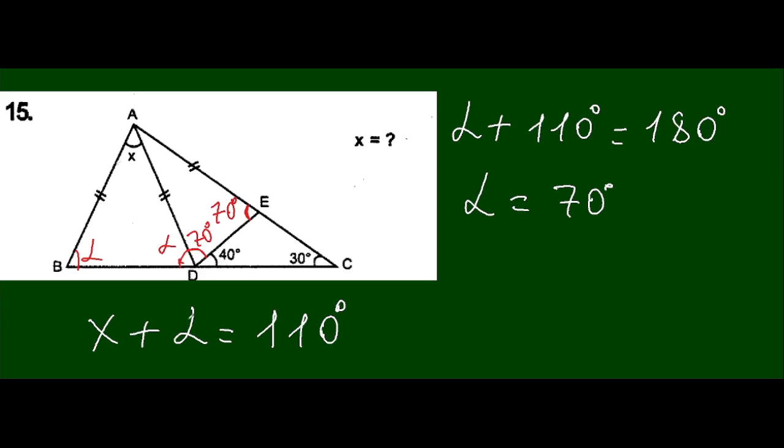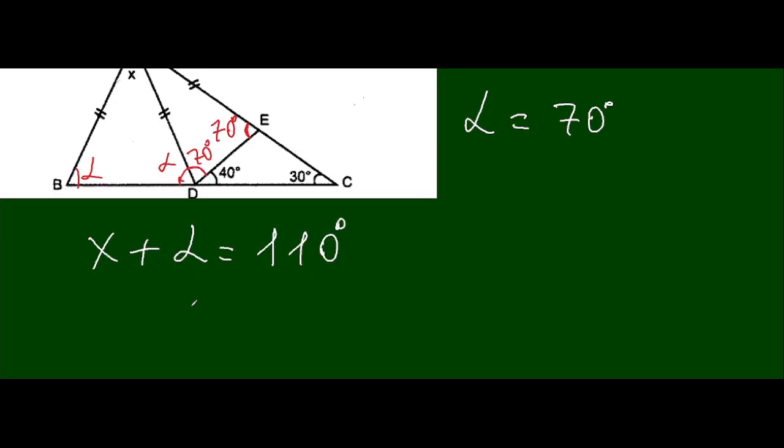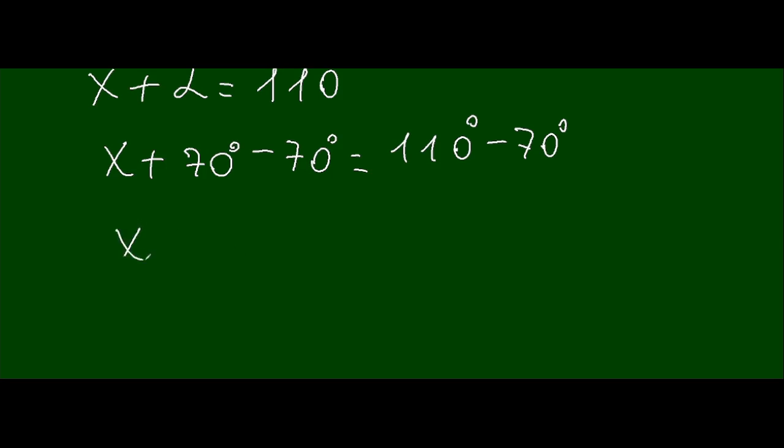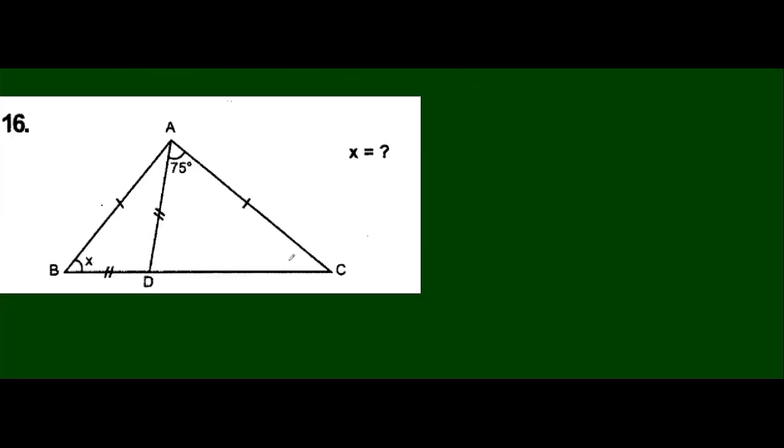Where we can put, instead of alpha, 70 degrees, x plus 70, we can subtract 70 from 110, which will give us x equals 40 degrees. This is the answer. So the next problem is this one.